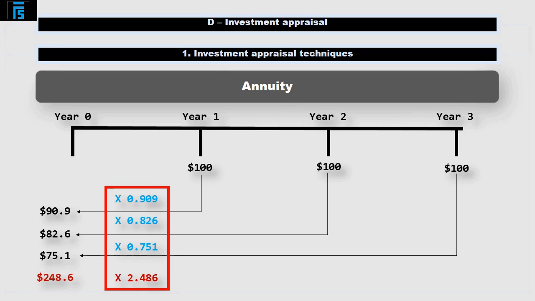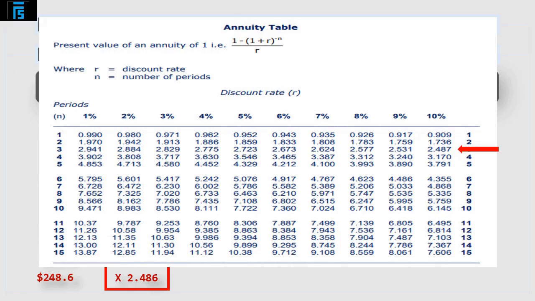So an alternative calculation would be $100 times 2.486 equals $248.60. Better still, annuity factors are available in tables too, and these are provided in the exam.